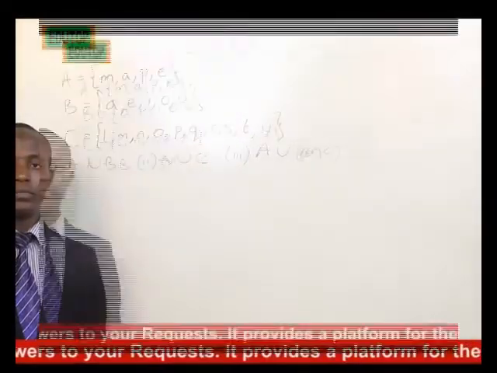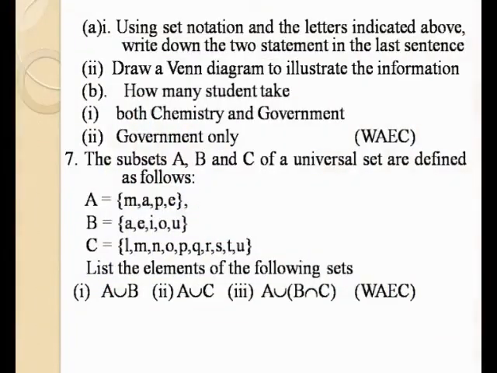Example number 7. The subsets A, B, and C of a universal set are defined as follows. A is equal to MAPE. B is equal to AEIOU, that is the vowel alphabet.